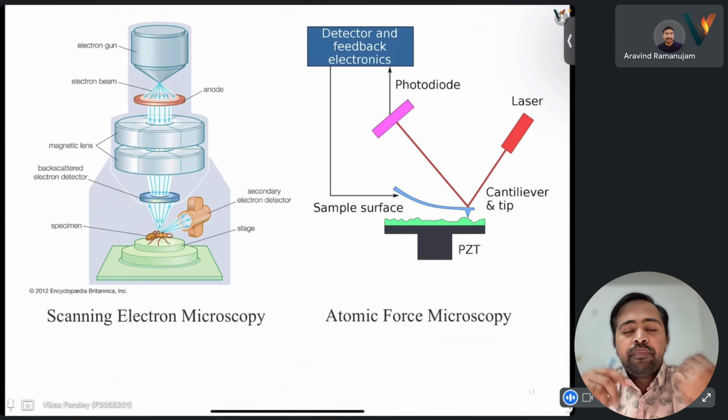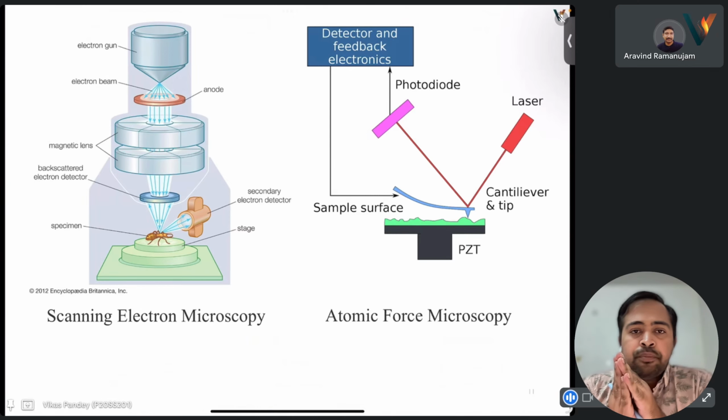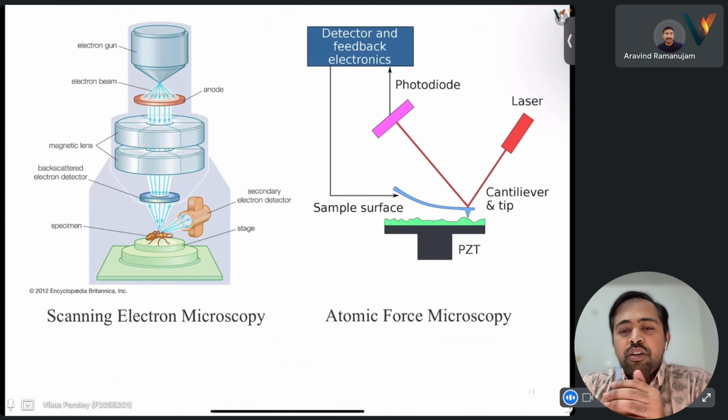In case of SEM, since the electron has a very small wavelength, we can go for very high resolutions, very low dimensions. So why are we not preferring scanning electron microscopy, and preferring atomic force microscopy? Any thoughts on this?